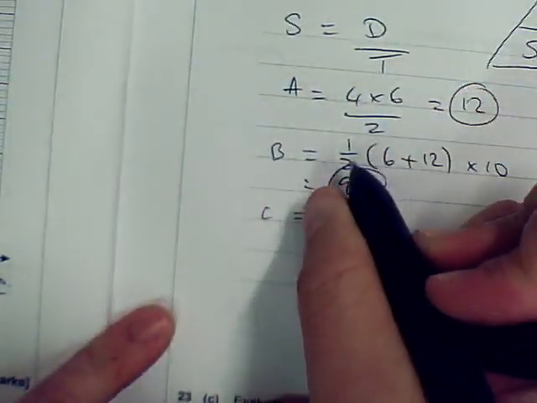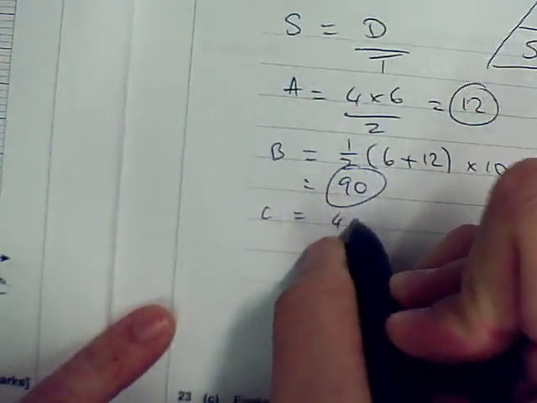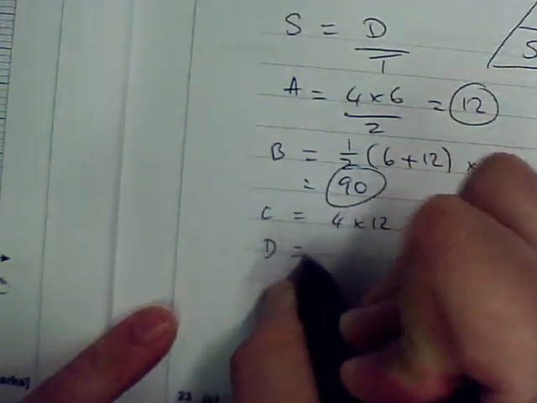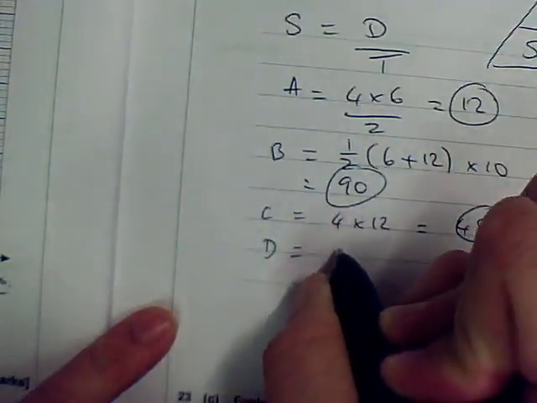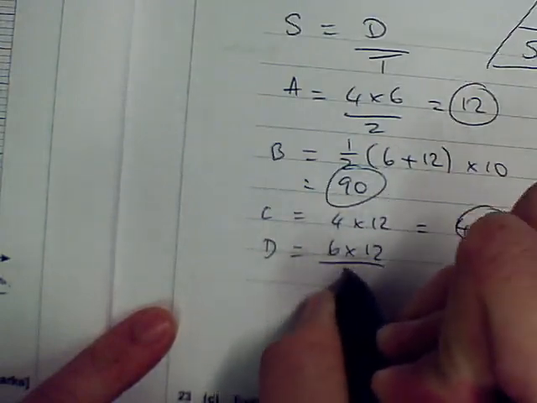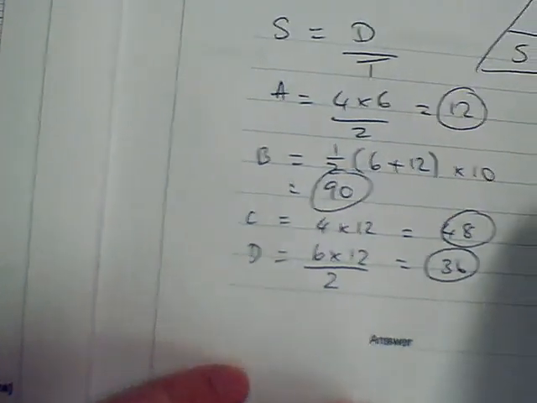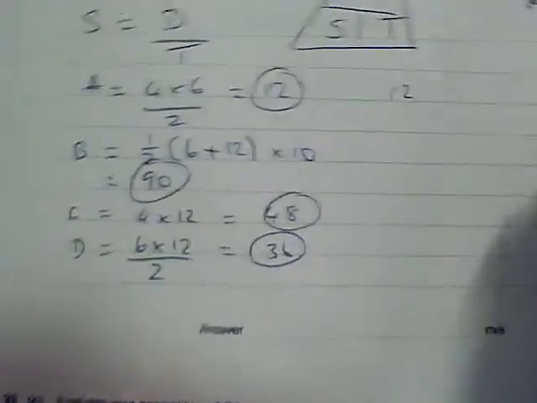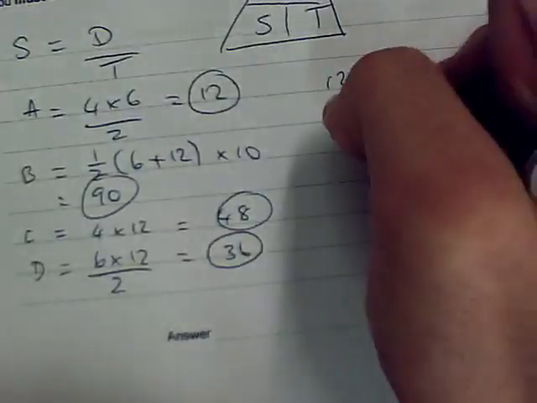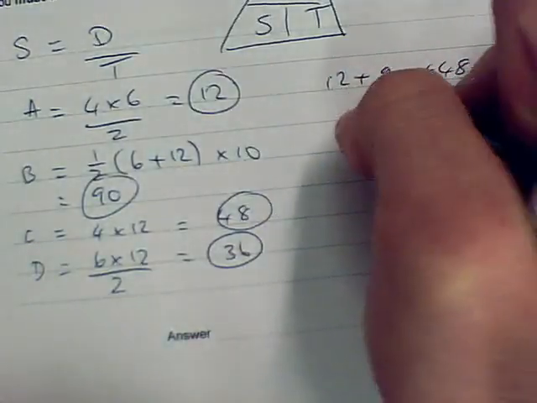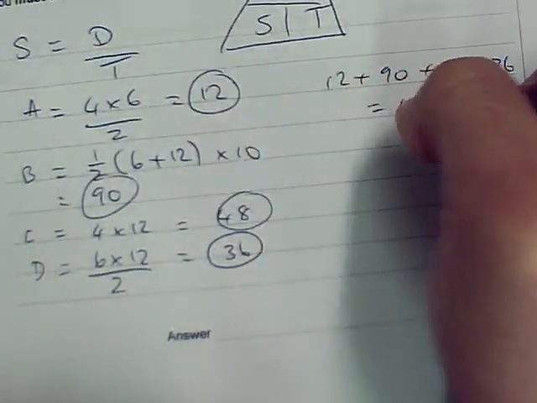For C, I did 4 times 12, which was 48. For D, I then did 6 times 12, and then don't forget to half it, which was 36. And then adding them together, 12 plus 90 plus 48 plus 36 gives me 186.